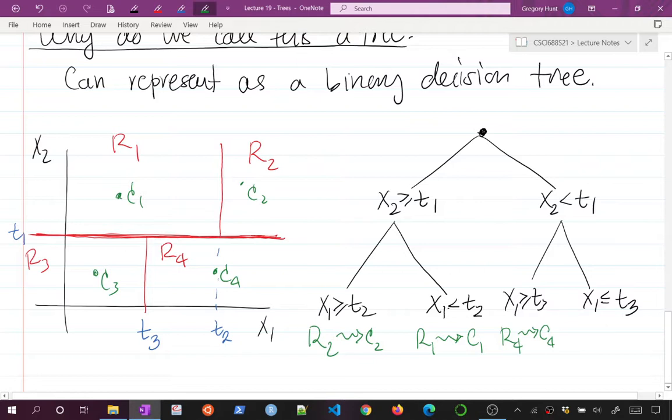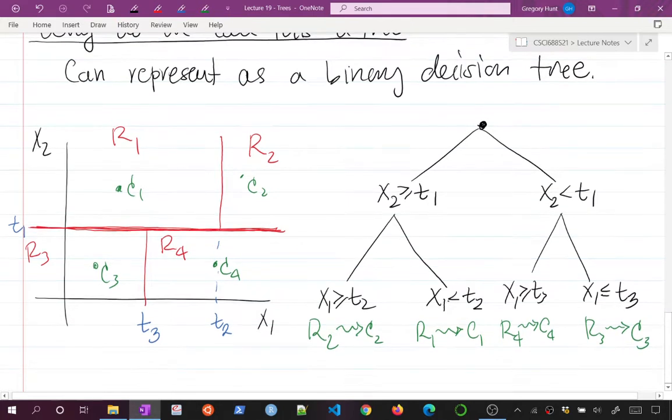And if x1 is less than or equal to T3, then we're in rectangle R3 and predict C3. So it's a little bit tedious, but you can do it.